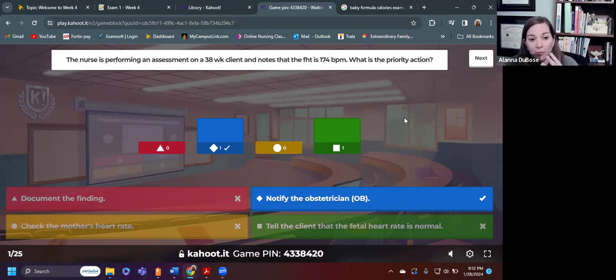The first thing we normally think of is infection. We might have an infection starting, and it's getting things heated up in there, and the baby's heart rate is going higher. Any questions about that?